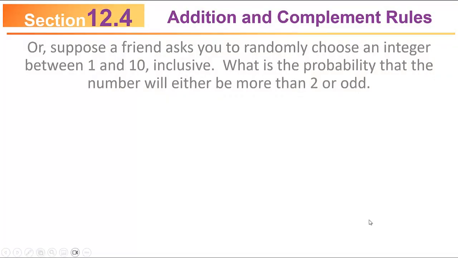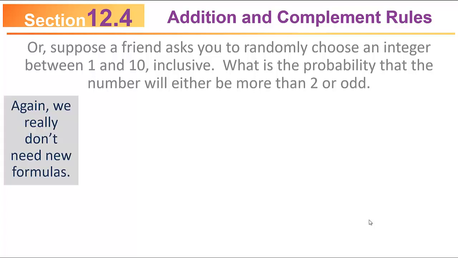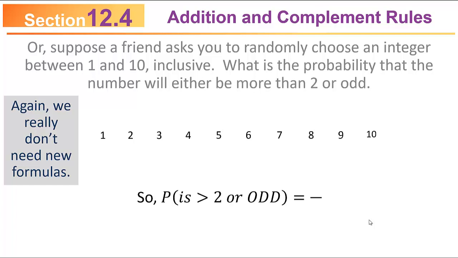Or as another example, suppose a friend asks you to randomly choose an integer between 1 and 10 inclusive and wants to know what the probability is that the number will either be more than 2 or odd. If you think about it, you really don't need any new formulas for this, because all you really need to do is think about those 10 numbers, looking at the probability that the number you would choose is either greater than 2 or odd.